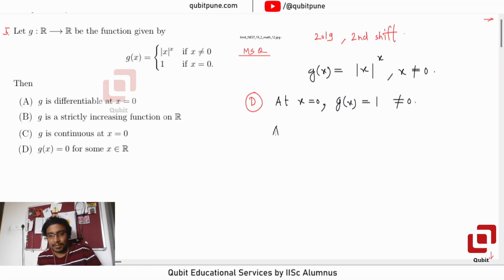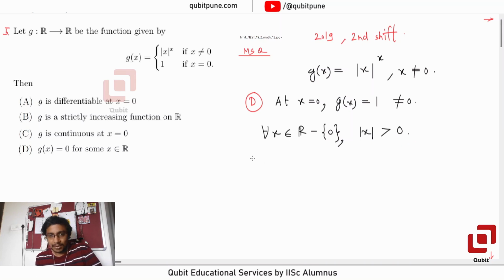So for all values of x in R minus 0, do you agree that mod x will be positive? For all values of x in the set of real numbers excluding 0, mod x will always be positive.